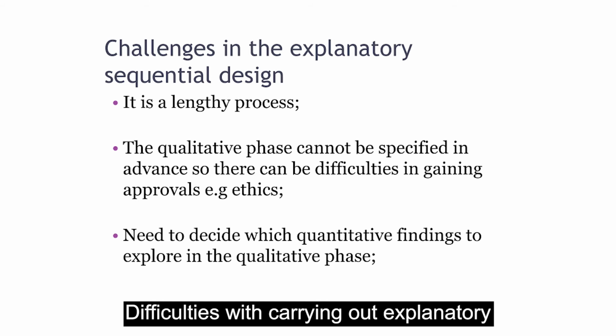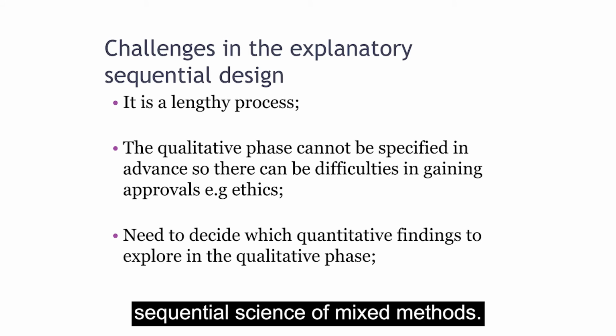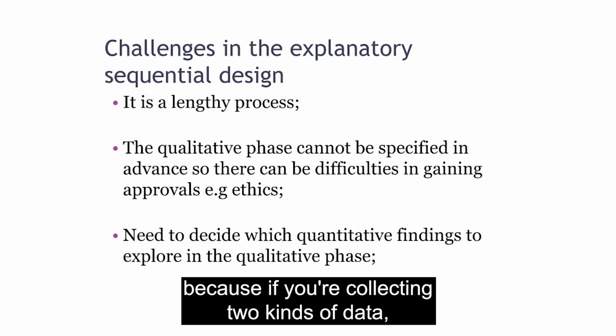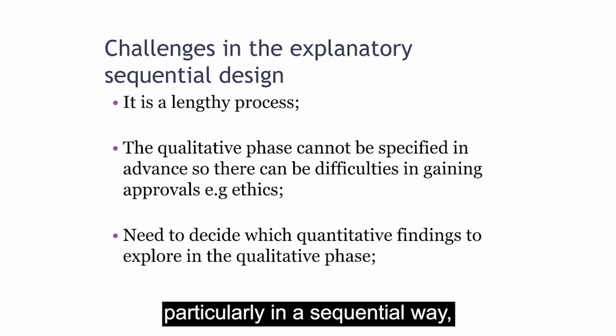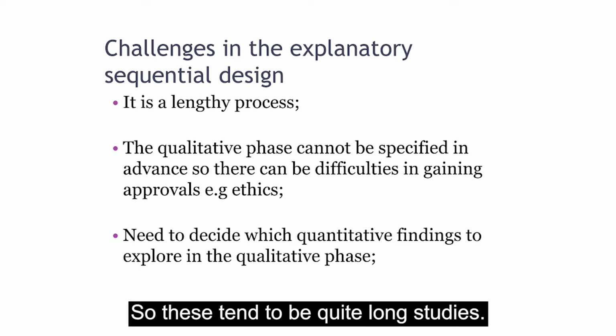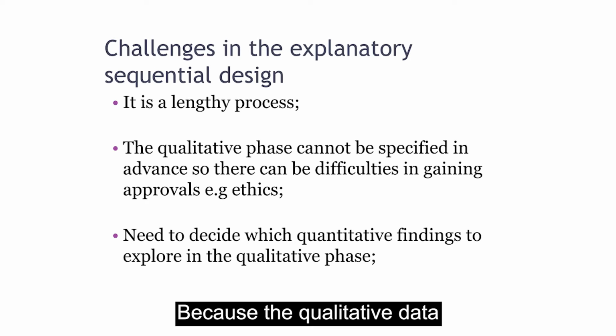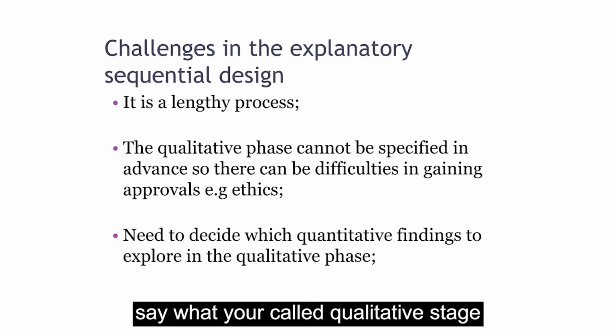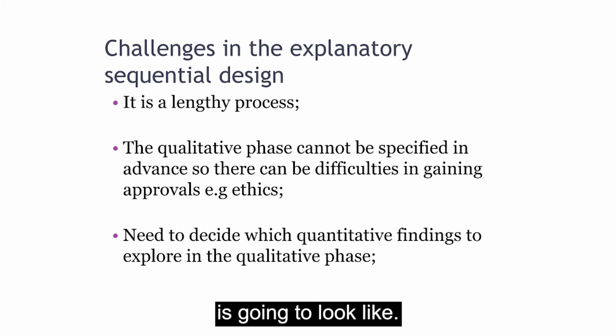Difficulties with carrying out explanatory sequential designs of mixed methods? Well, all mixed methods take a long time, because if you're collecting two kinds of data, particularly in a sequential way, that's going to take some time. So these tend to be quite long studies. Because the qualitative data is dependent on the quantitative, you can't, from the very beginning of the study, say what your qualitative stage is going to look like.